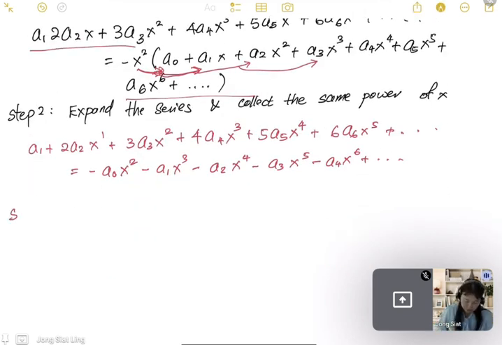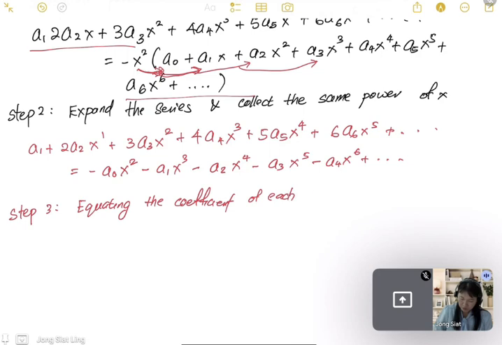Step number 3 is equating the coefficient of each power of x. Okay, what does it mean? Let's say I want to equate the coefficients of x power of 0.